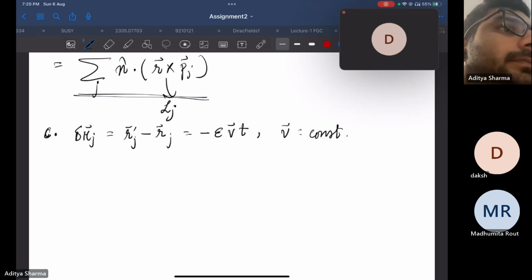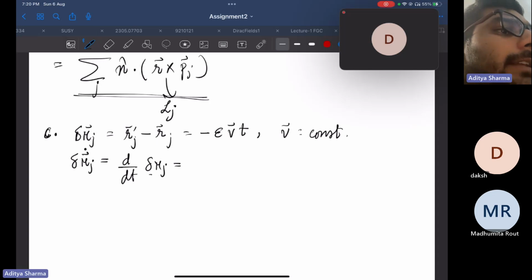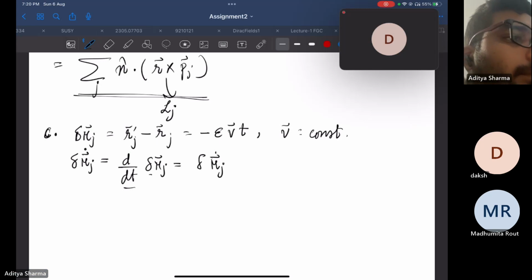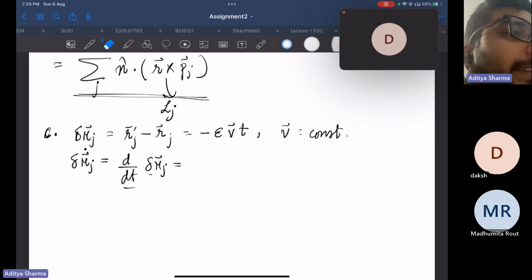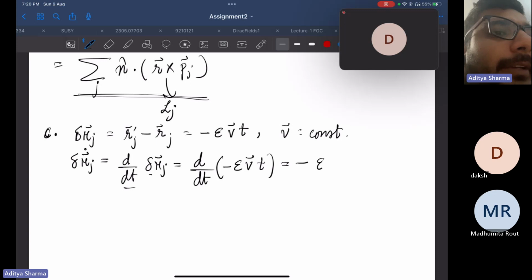Now delta rj dot is equal to d dt of delta rj, and delta and this derivative commute. So this is nothing but rj dot, minus epsilon v vector t. And this is nothing but minus epsilon v.